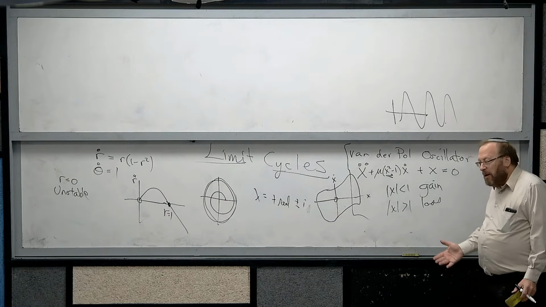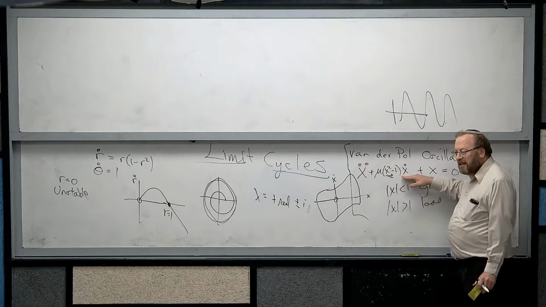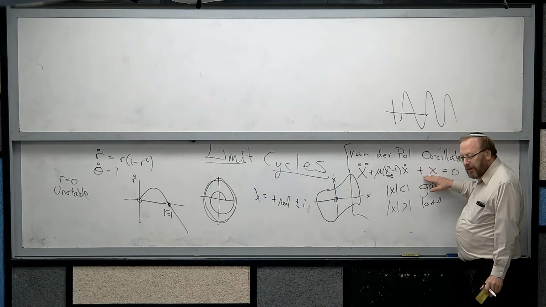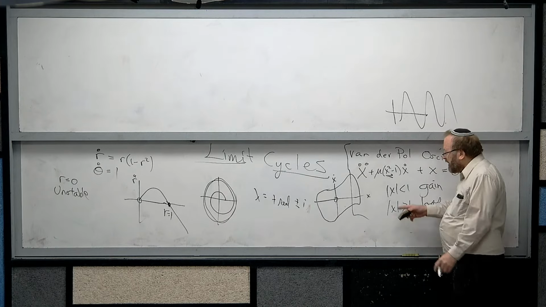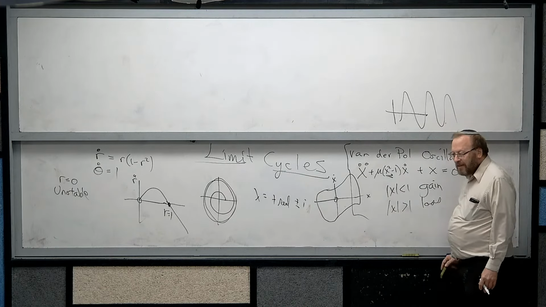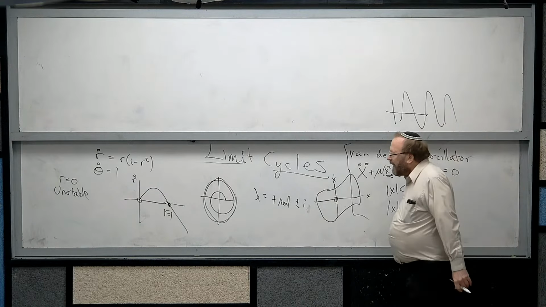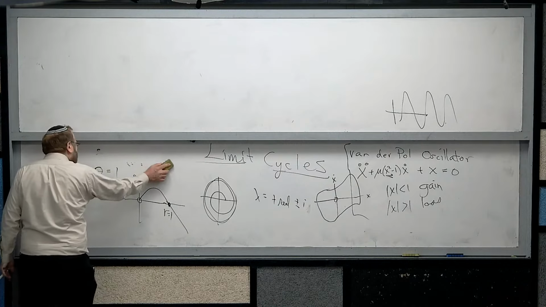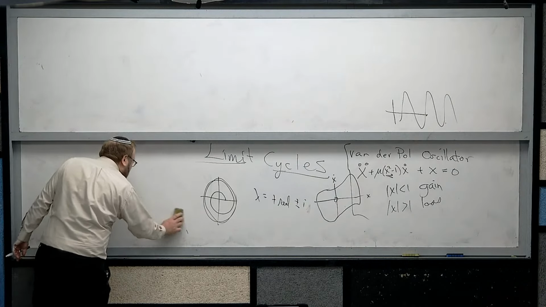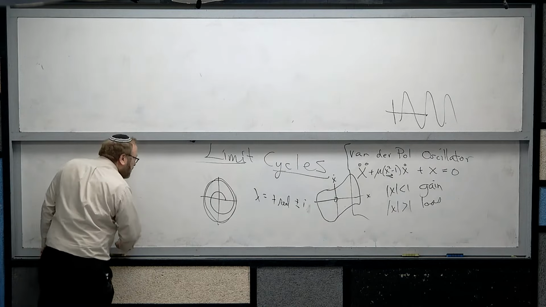But there are two limits in which you can analytically discuss what's going on. The simple limit is large mu, when mu is very, very large. That's not trivial either, but it's easier than the other limit, which is small mu. So we'll do the large mu first.